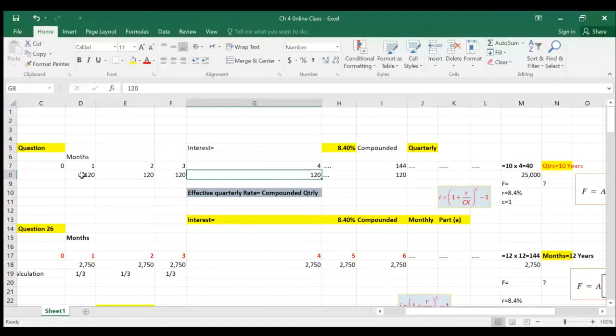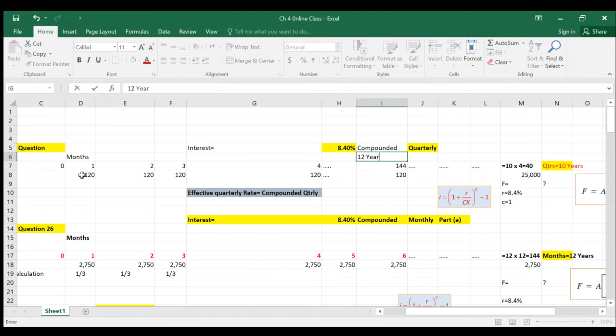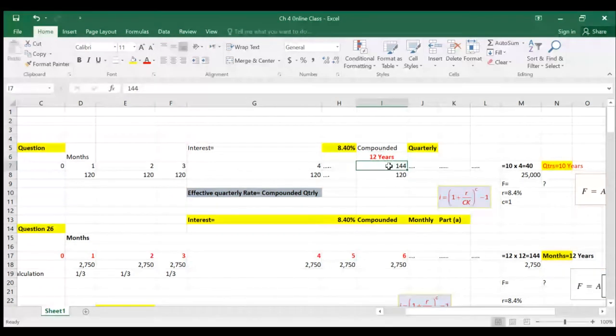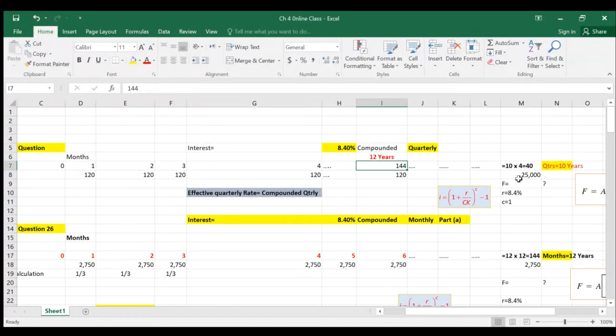It says in the question you have to deposit for the first 12 years. This is basically your 12 years, or 144 months. In terms of months, it is going to be this one.